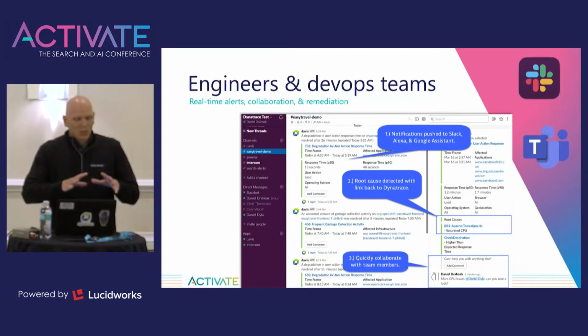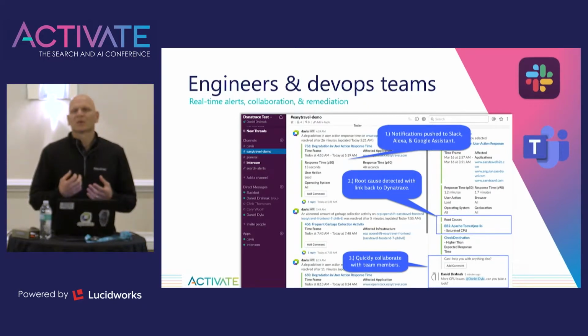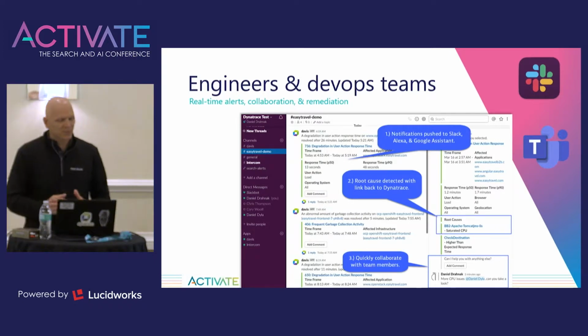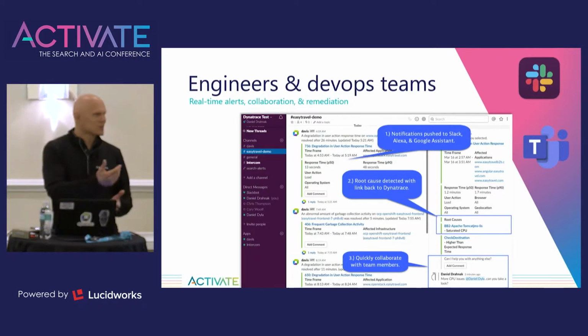We also recognize that reactive data retrieval is not the most useful when it comes to understanding problems in an application, so we've also implemented a proactive alerting capability, pushing to Slack and also to Alexa.